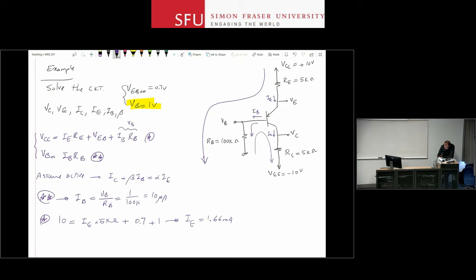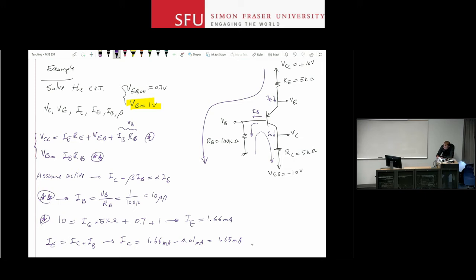All right. So I have IE and IB, and one of the other equations that I have from KCL is IE is IC plus IB. So I can calculate IC. IC is going to be 1.66 milliamps minus 10 microamps, so it's going to be 0.01 milliamps, and that's 1.65 milliamps.